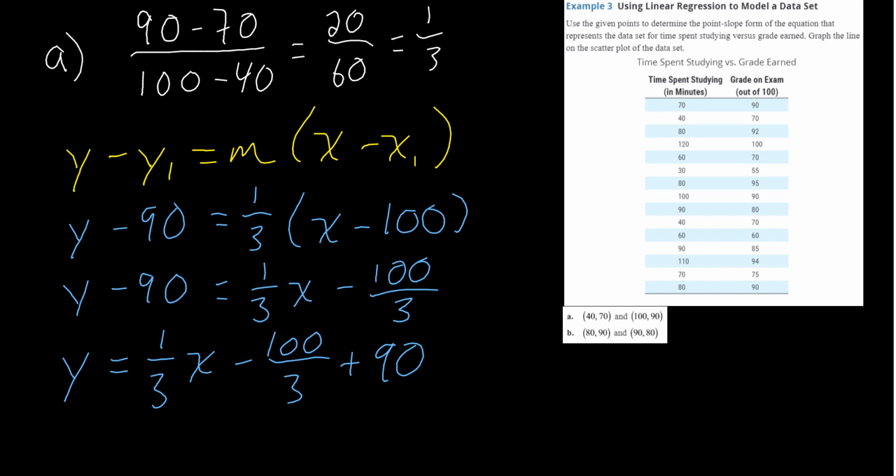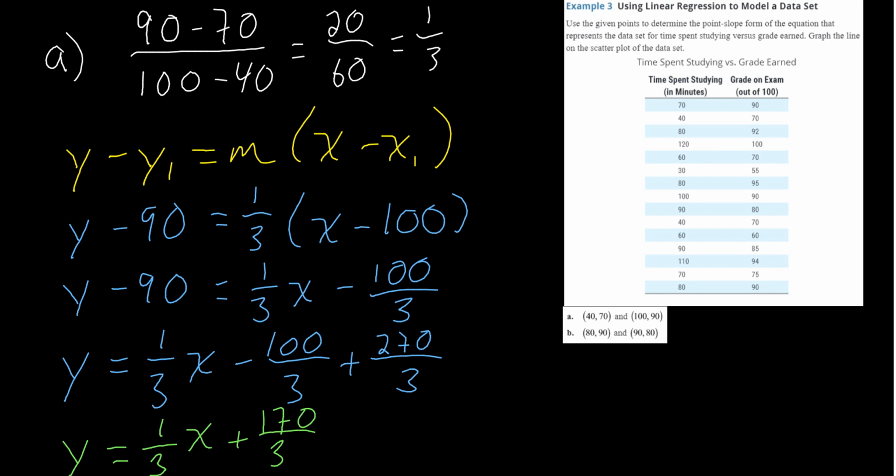So it looks like 90 times 3 is 270. So we're going to rewrite the 90 as 270 over 3. And then we can finish this up with the equation y is equal to 1/3 x, and then combining like terms, it looks like it's going to be plus 170 over 3.